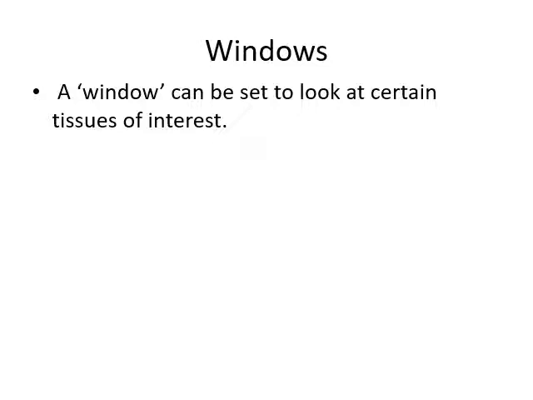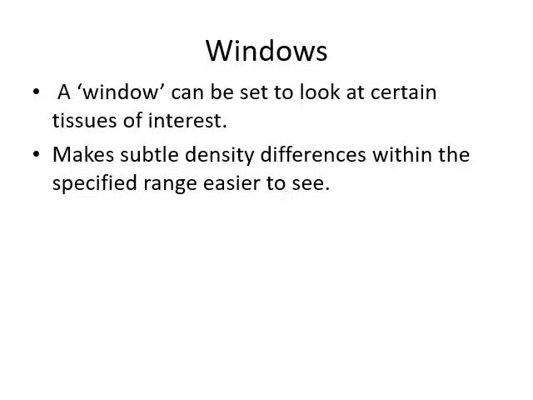If you say I want a bone window, it's going to be concentrated on the bone. So the density of the energy that is put out of the machine changes so that you can see each certain type of tissue a little bit easier. Okay, so subtle density differences within the specified range make the tissue easier to see. And I'll show you a picture about that in a minute.